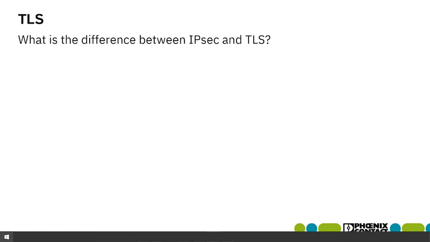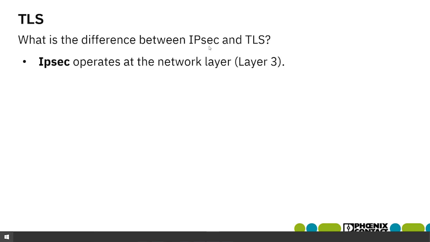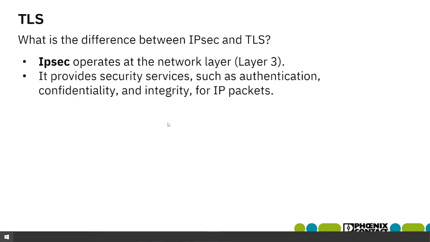Maybe you heard of a different protocol, which is called IPsec. This is also secure communication, and I just want to point out a little bit of the differences. So IPsec operates on a different network layer, on layer 3, whereas TLS is working on layer 4. IPsec provides security services such as authentication, confidentiality, and integrity for IP packets.